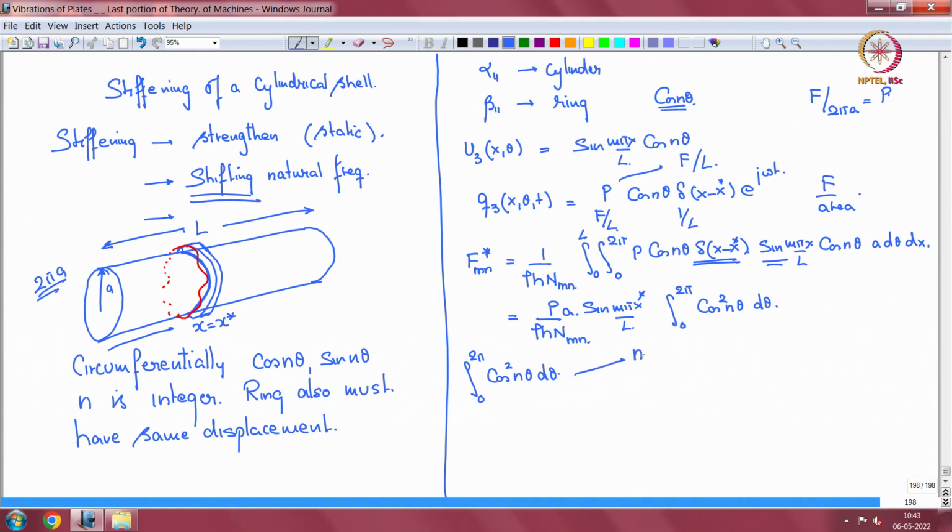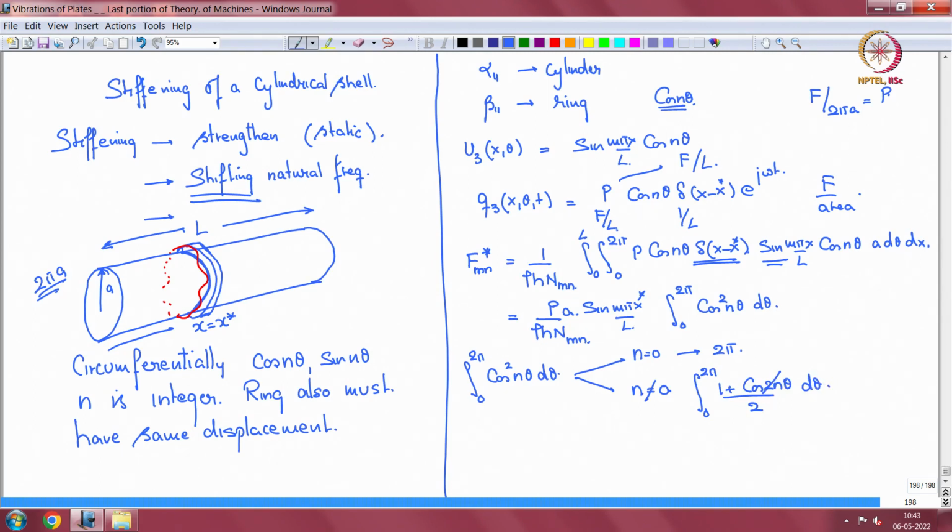For n equal to 0, this gives me twice pi. For n not equal to 0, I get integral 0 to twice pi of 1 plus cos 2n theta by 2 d theta.